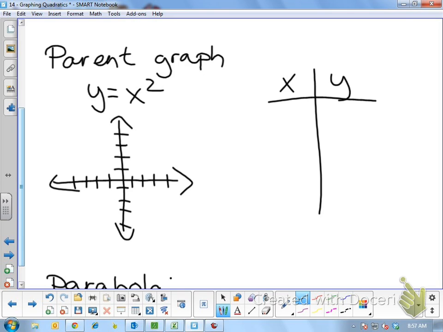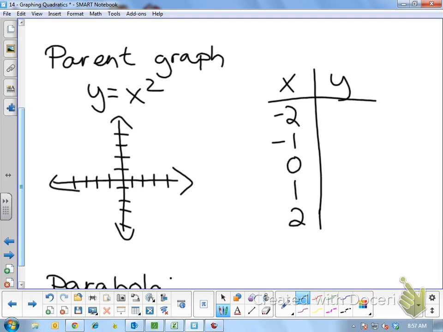We're going to pick our x values: -2, -1, 0, 1, and 2. We're going to use those points to graph this function.